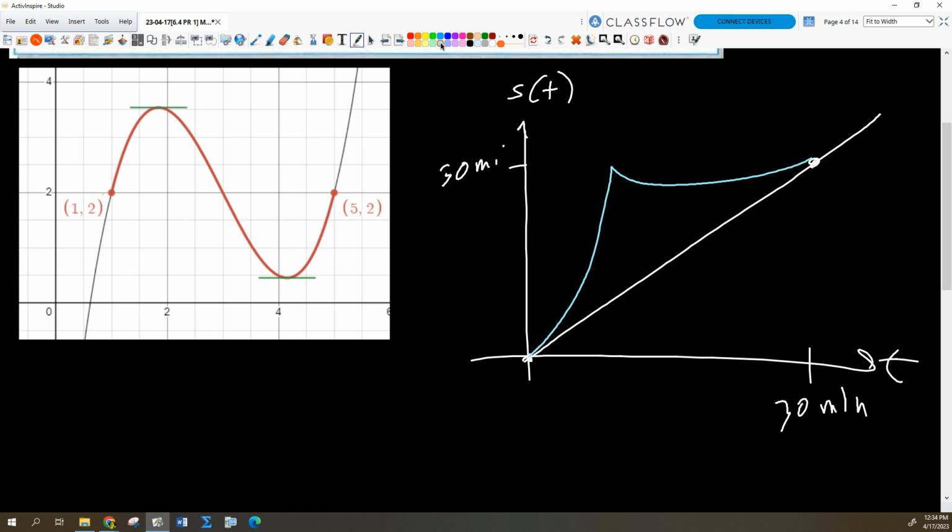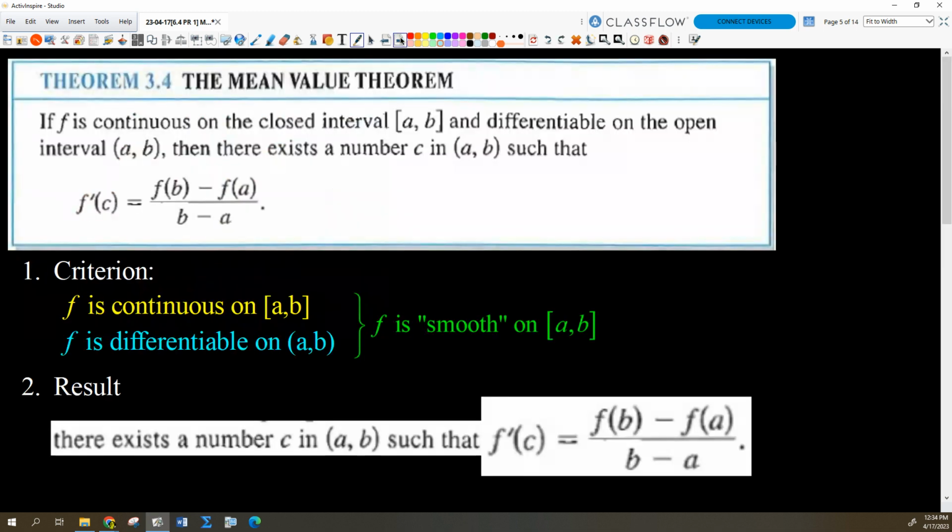How about if we generalize this just a little bit? So all the mean value theorem is saying now is that, let's not constrain this to where our starting value equals our end value. They could be different. But if the function is smooth on the interval from A to B, then there's going to have to be at least one place where my instantaneous velocity equals my average velocity.